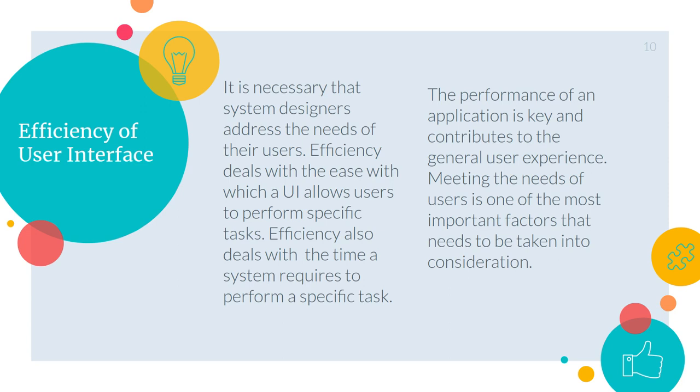So these are some of the ways. The performance of an application is key and contributes to the general user experience. So you have to make sure that you adopt the right methods to ensure that the UI of your application is highly performant and efficient.